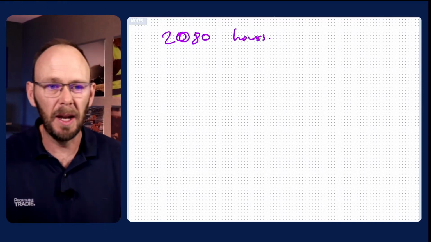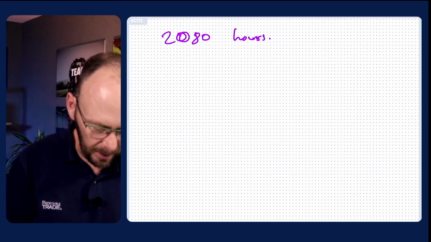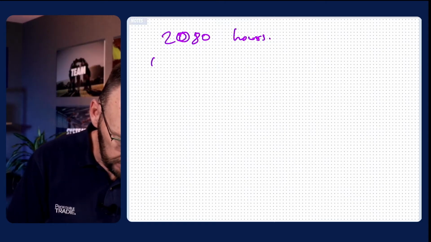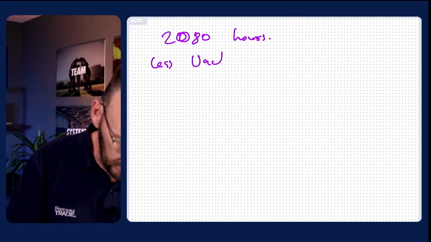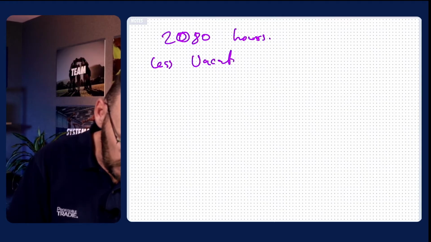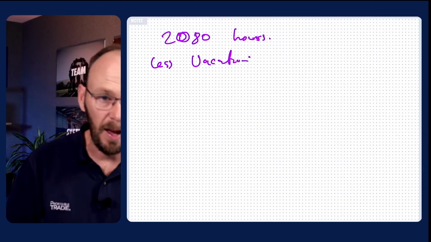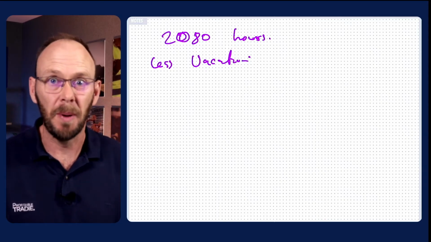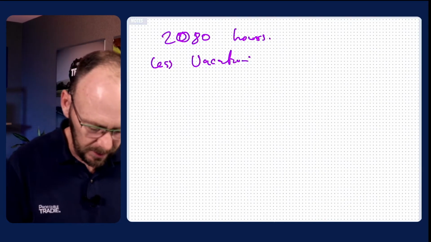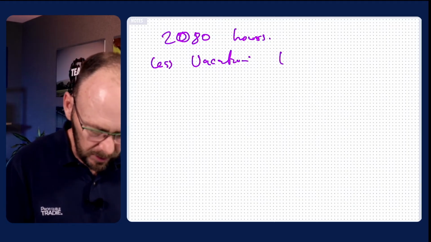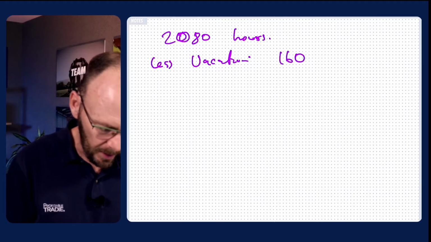Excuse my writing, it's not the best. You'll get the picture. And then we take off, less vacation. Where I'm based, there's a lot of paid vacation, paid holidays. It's actually 160 hours a year.